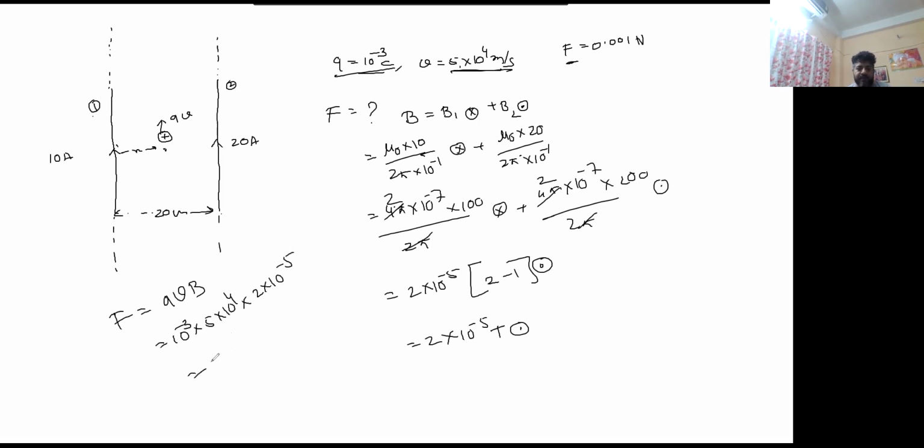So कितना हो गया? 5 into 2 is 10, 10 to the power, यहाँ पे है 4, यहाँ पे है this minus 5, minus 3, that is 10 to the power minus 1... minus 4, that is 10 to the power minus 3 Newton. 0.001 है. Yes sir। Very good. And for direction, as it is dot, so बाहर की तरफ, I cap. Very good, I cap.